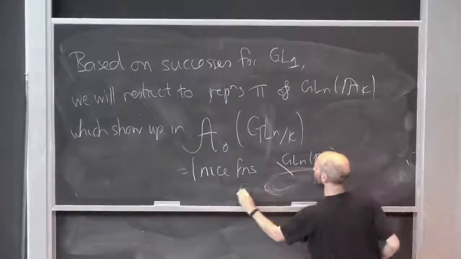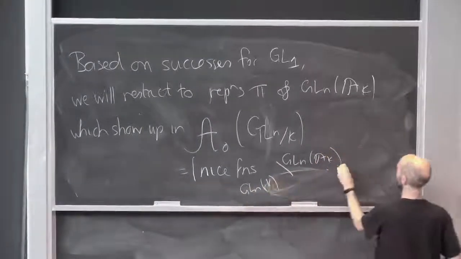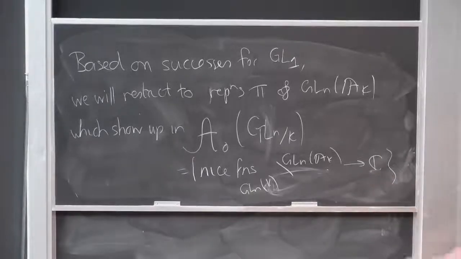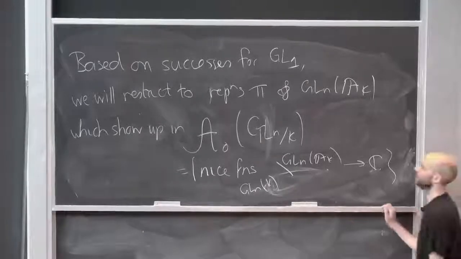It's really a left GLN of K to C. Okay, and we restrict to these nice functions, and then maybe everything will be great.